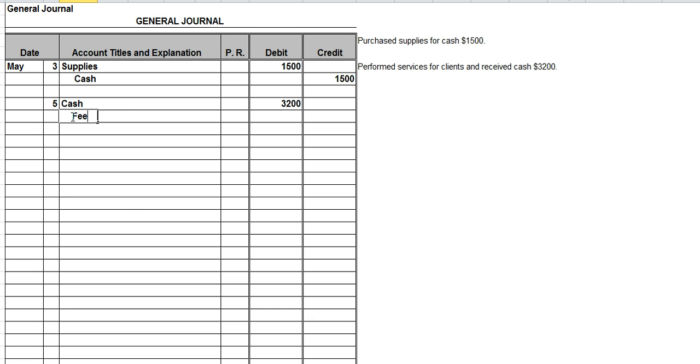Now remember, in chapter 2, we are naming our revenues and expenses. So depending on what the problem tells you, we could use fees earned, we could use services revenue, we could use consulting fees revenue, consulting services revenue, any revenue account that makes sense for our business. And it would be 3,200 also.